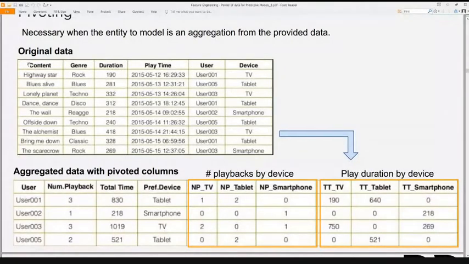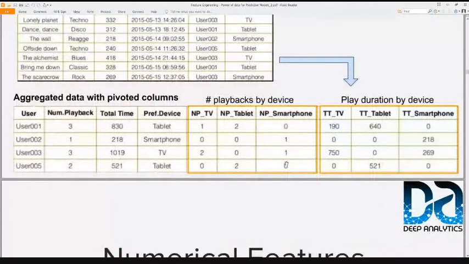I want to create those features, yet our dataset looks like this: user and a TV, etc. So I can pivot this, then create different columns. You see? Tablet, etc. So you can now see which particular device you use the most.